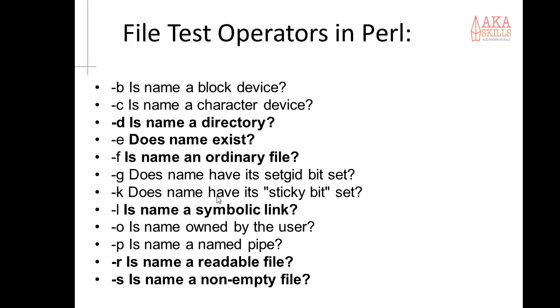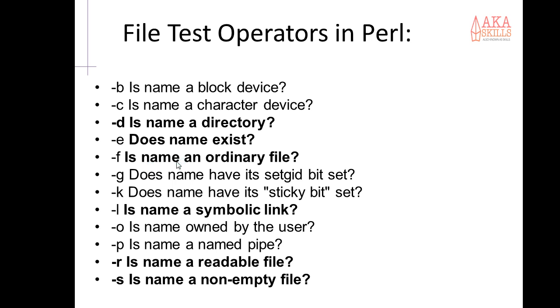If you see, these are the file test operators in Perl. Is your file a block device, a character device? These come into picture when you are working on a Linux operating system. Whether your file is a directory or not: in case you want to check whether it's a directory, you'll simply use -d, just the way we used -e.